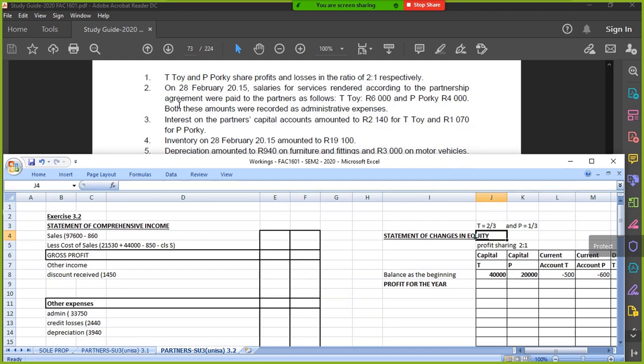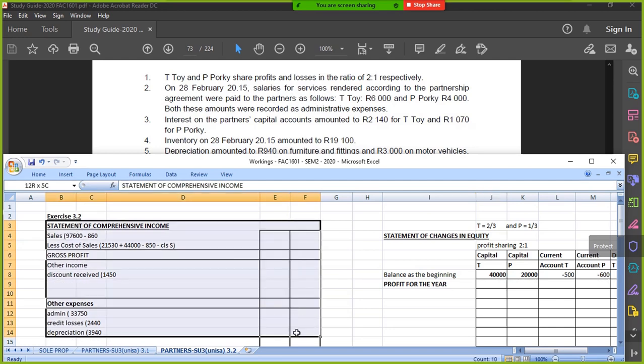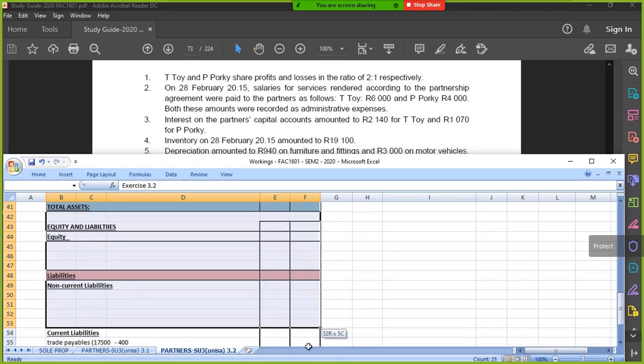All right, number 2. Salaries for services rendered, according to the partnership agreement, were paid to the partners as follows. Are these salaries normal salaries and wages that you would show in an income statement? I would say no. Good, that's the correct understanding, because remember, this is looking at the partnership.